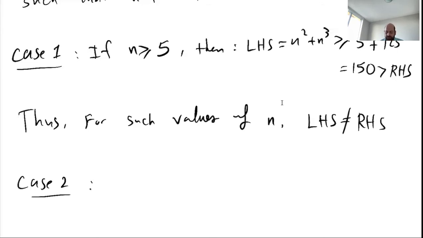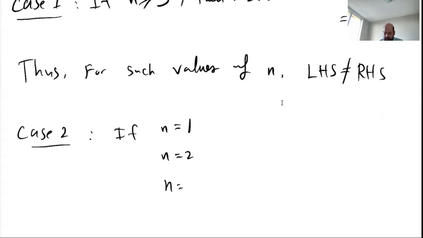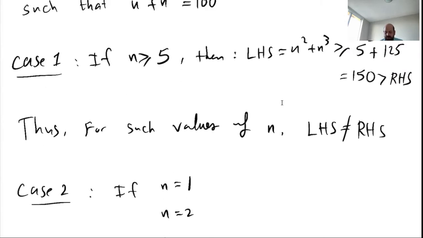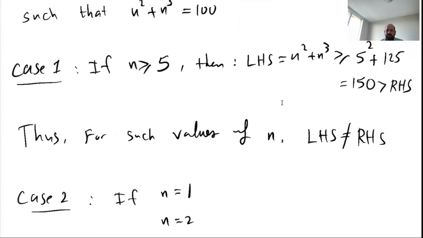If n is equal to 1, or 2, or 3, or 4. We can just check manually whether these 4 values are solutions for this equation. If none of them are solutions, then since in case 1 we didn't have any solution either, overall we won't have any solution.